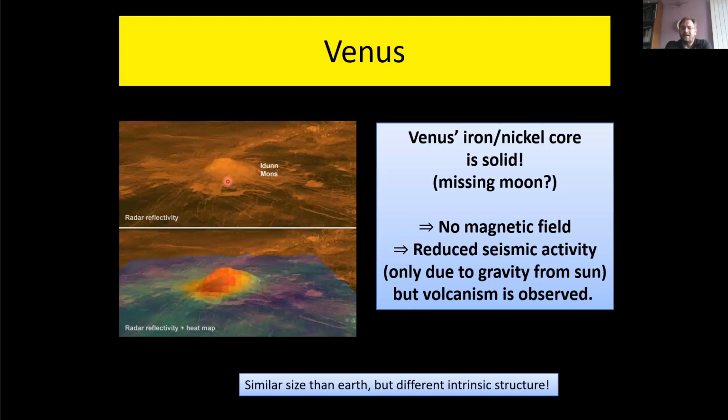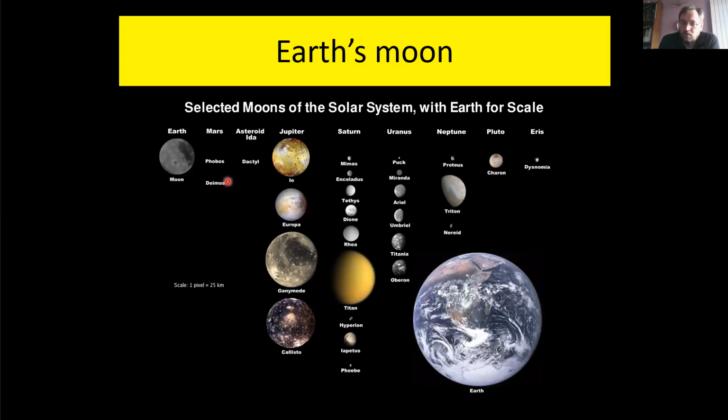But this leads us now to the question: why doesn't Venus have a molten core anymore? Similar size, it probably has the same amount of radioactive material that contributes to the heating of the core, but obviously not enough. And the biggest difference is we have a moon. In fact, if we take a look at the moons in the solar system, not comprehensive, I think Jupiter has by now 30 or so. Saturn also has quite a large number.